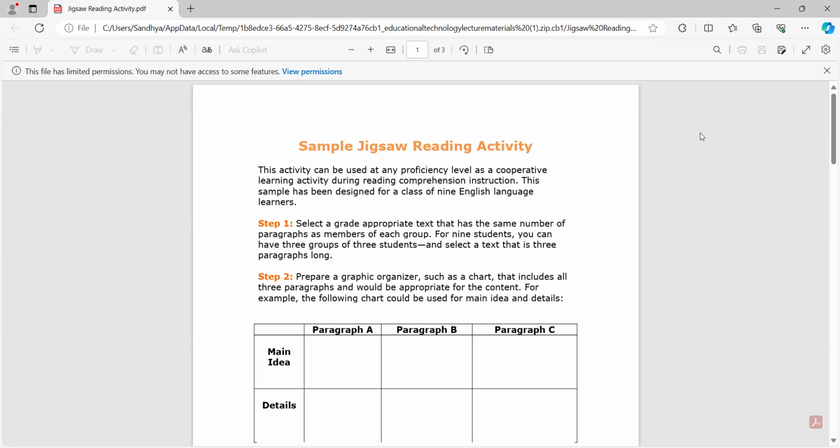So now you decide, I'm going to make it a jigsaw. They should do a jigsaw activity based on that.